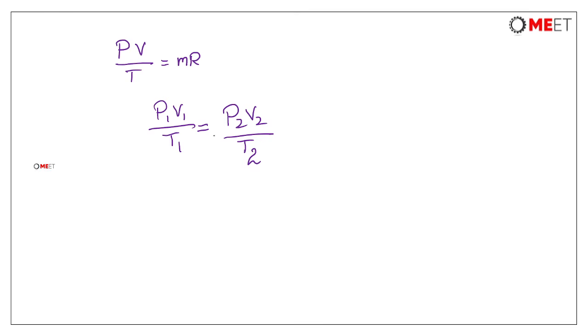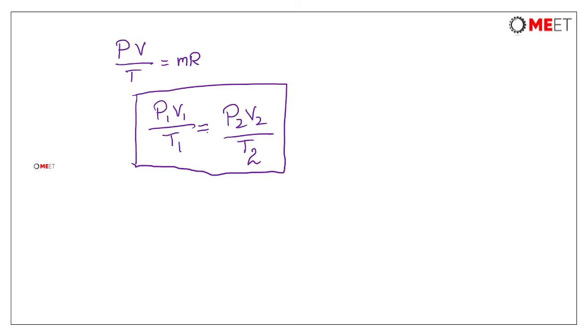This expression will help us in solving problems, also for various kinds of processes that we learn in further sessions. It will help us in determining the pressure, volume and temperature relations for various processes.